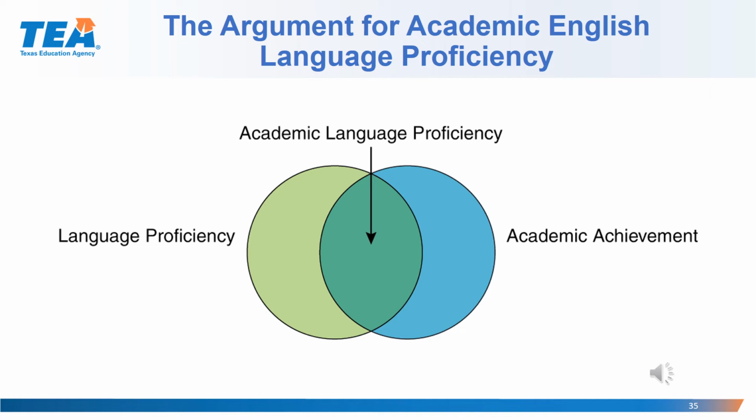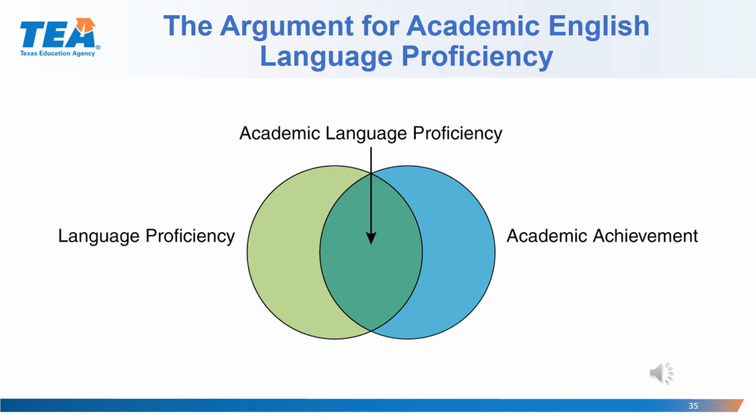ELs who have academic language proficiency understand the English that makes learning of academic concepts and skills fully accessible. Academic language proficiency, therefore, provides the foundation for and access to academic achievement. Conceptual knowledge and skills, not just academic language proficiency, are necessary for academic achievement.